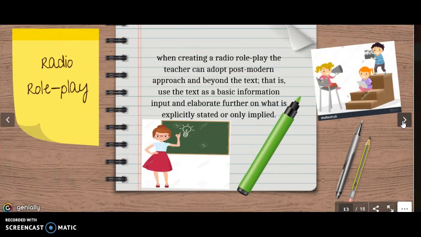When creating a radio role-play, the teacher can adopt both a modern approach and go beyond the text. That is, use the text as a basic information input and elaborate on what is explicitly stated or only implied.